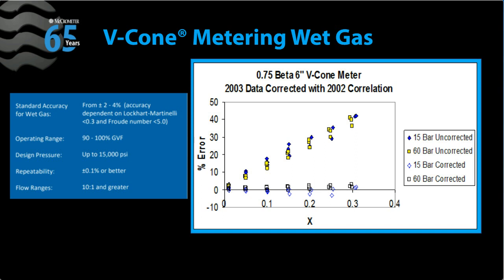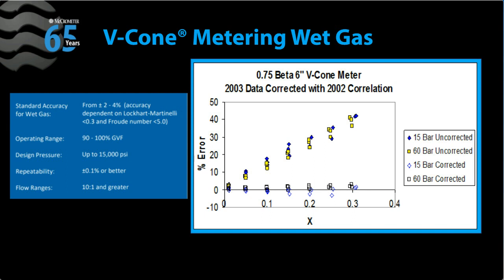And this really depends on your Lockhart-Martinelli number and Froude number. There are some applications where a wet gas correction will yield plus or minus 2%, and some where it'll be plus or minus 4%, but that is really the lowest accuracy that we offer on a wet gas application. This is for any wet gases with an operating range of 90 to 100% gas volume fraction.